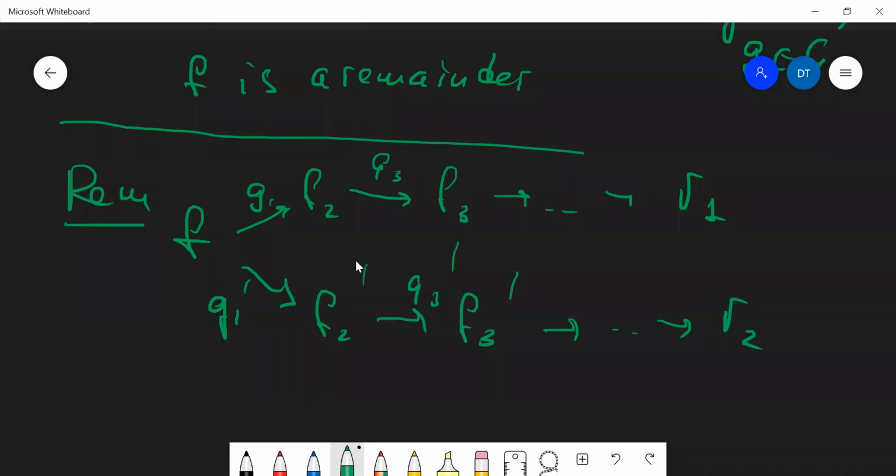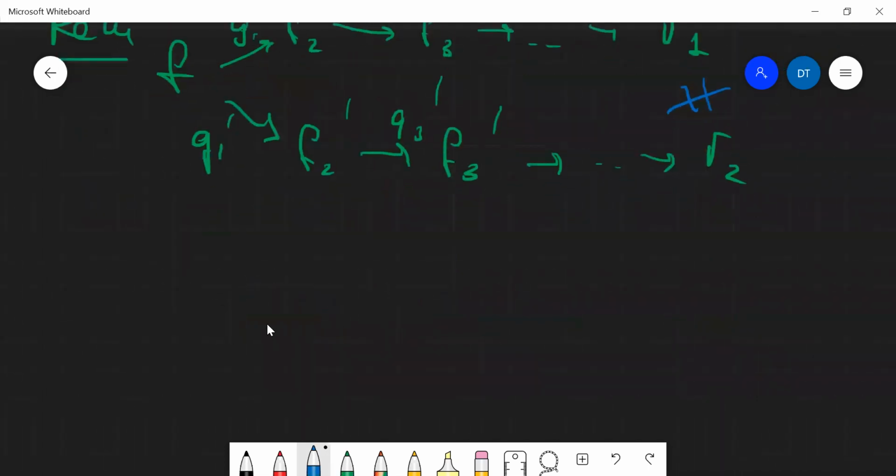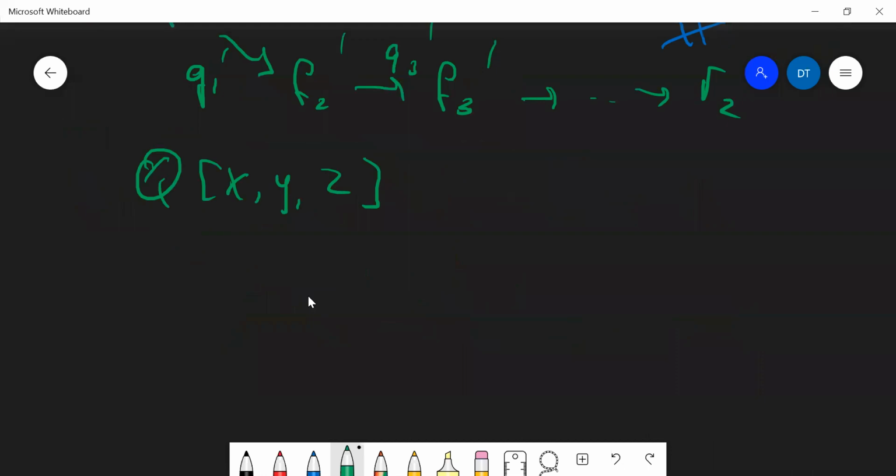So it may happen that these two remainders are different. And here is an example. I'll take polynomials in 3 variables, x, y, and z. And the lexicographical order will be with respect to this ordering of the variables, x higher than y, y higher than z.